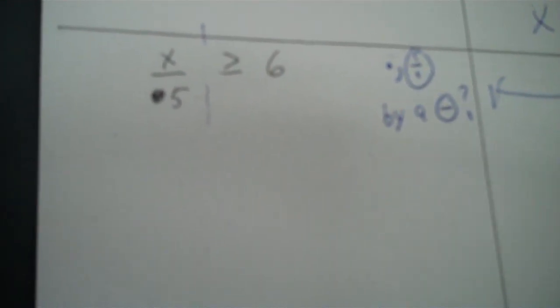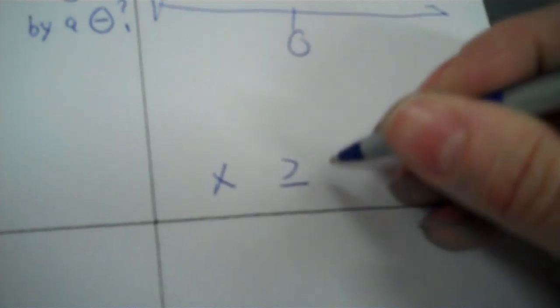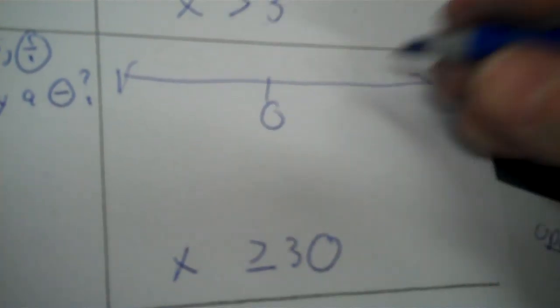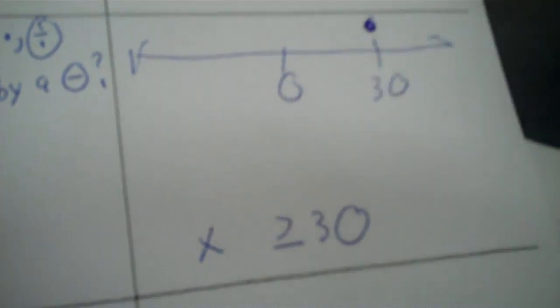By a negative, no. It's not by a negative, it's a positive 5, so we keep the sign the same way. So we do the opposite of divide, which is times 5. Cancels that. And I have the symbol with x, 6 times 5 is 30. So 30 is our critical number. Fill it in, and it opens towards the x, so it's going that way.